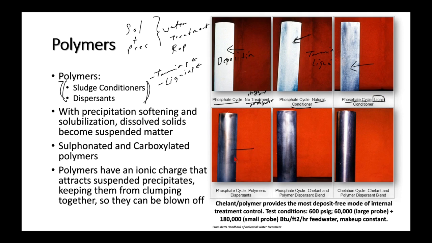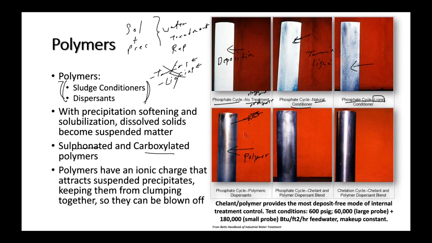This one here is a phosphate with polymer. So now we have these new fancy, we don't use tannins and lignins anymore. We use sulfonated and carboxylated polymers, whatever the heck that happens to be, right? But the whole point is that we can prevent that deposition. So that's like a pretty clean tube. These are water tubes, by the way.